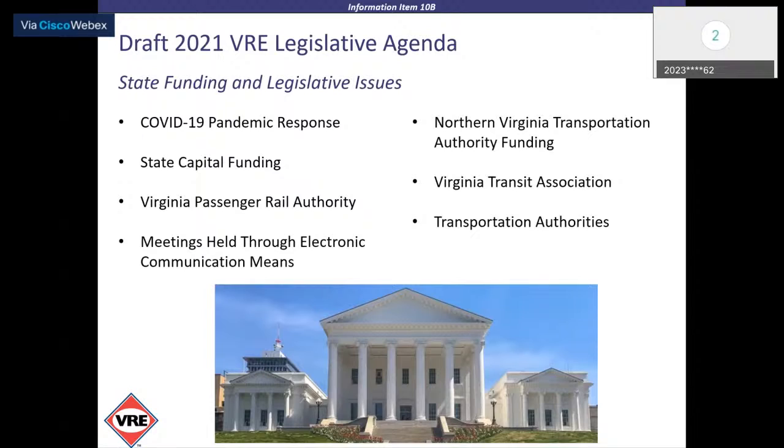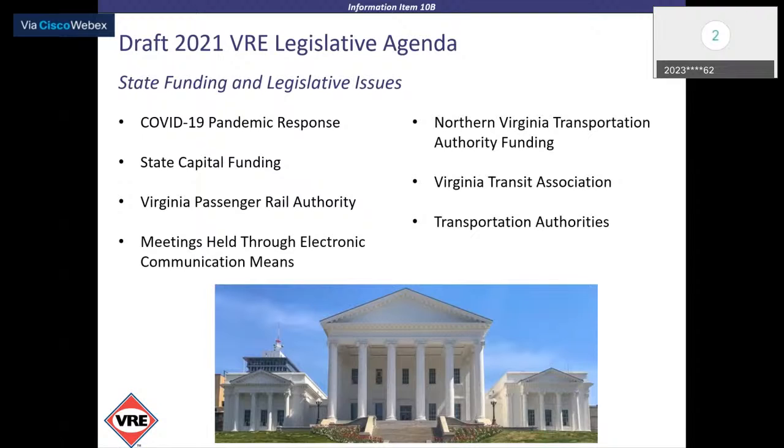Excuse me. So of course, as you can imagine, we expect that much of the legislative activity in 2021 is going to be related to the pandemic impacts. So we'll be monitoring anything that would have any effect on VRE, whether that be on the funding side or VRE operations or just how we run VRE as an organization. That would include things like changes to sick leave policies, hazard pay and employee liability issues, and also anything having to do with state funding.